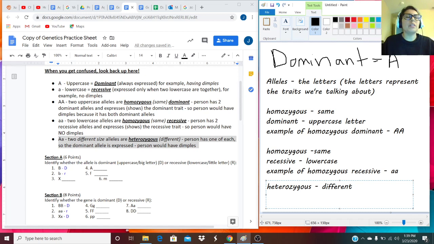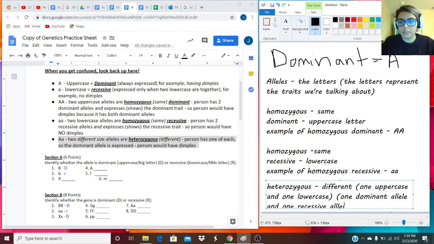They're both A's, however, they're different types of letters. So heterozygous is going to be one uppercase and one lowercase. To be more specific, using our scientific words, it is one dominant allele and one recessive allele.